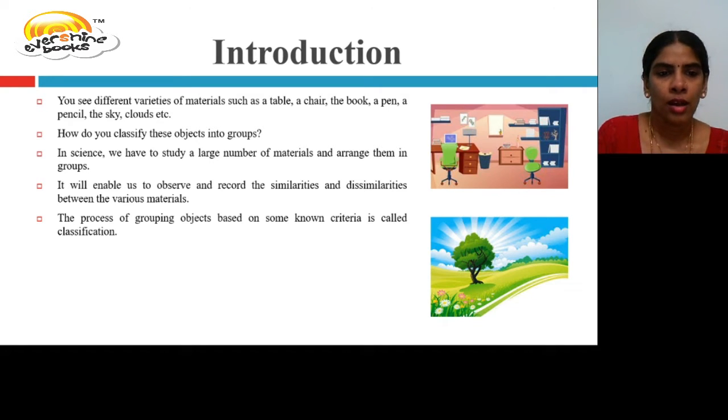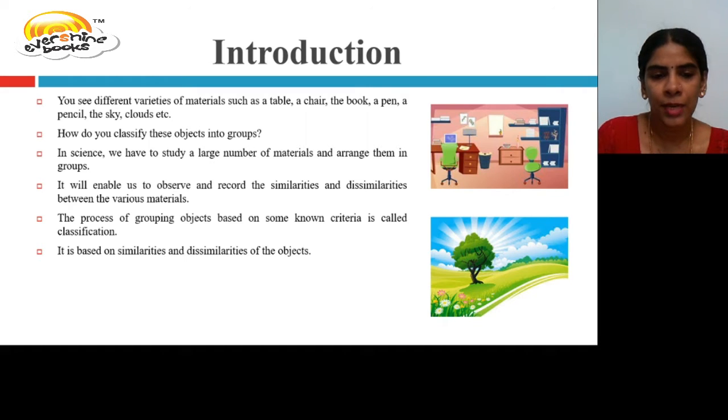That is, you will be given many objects and you have to arrange these objects in a specific group based on similarities and dissimilarities of the objects. Right? That only we will call classification. It is mainly based on similarities and dissimilarities of the objects.